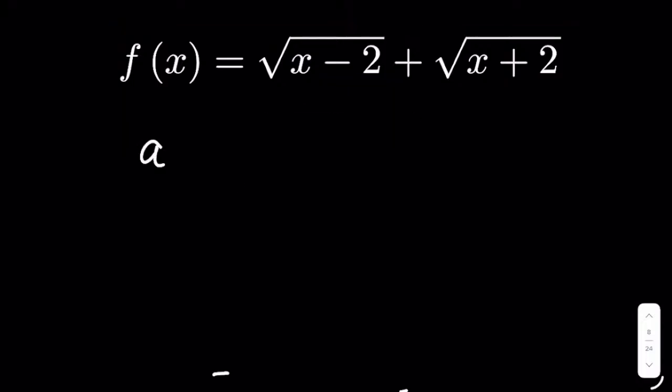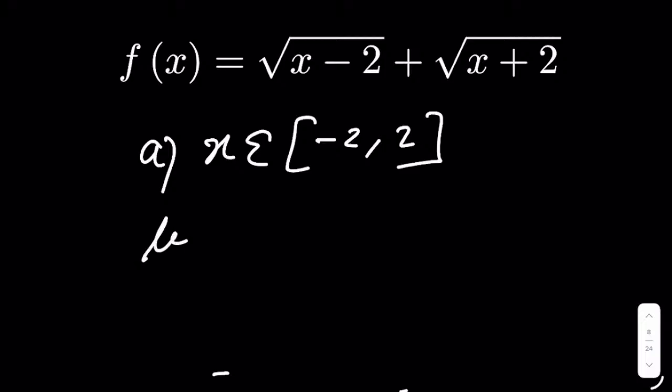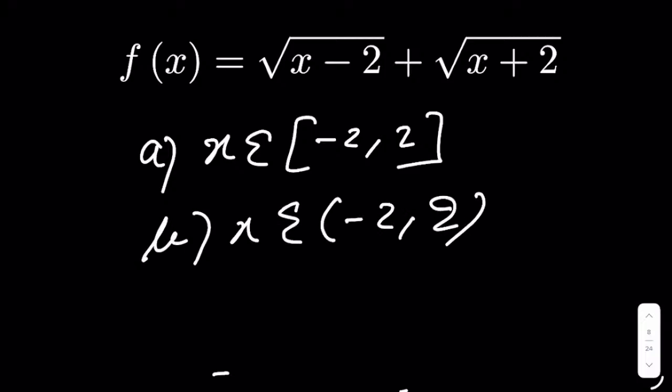First option, minus 2 to plus 2, closed interval. Second one. And last one, none. So which option is the correct option? Everyone can find the answer and comment it. This one is a homework problem. And if any query is related to domains, then comment it.